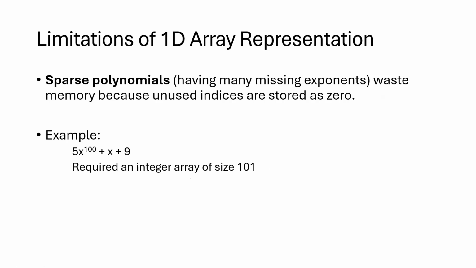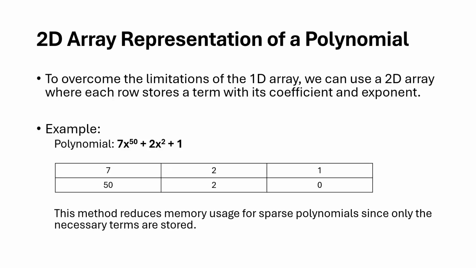To avoid this issue, what we can do is use one 2D array to store the polynomial. So we can take one convention that my first row will hold the coefficient and the second row will hold the exponent. Now this is also a sparse polynomial, but in this case, we know how many terms are present in this polynomial.